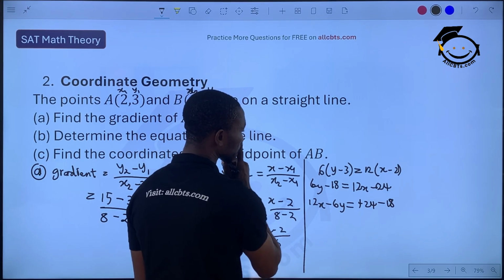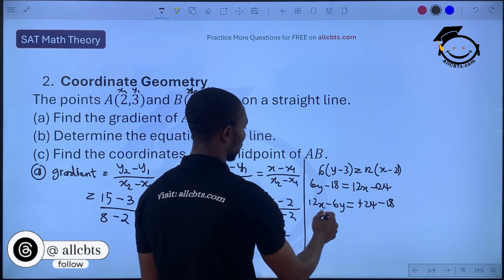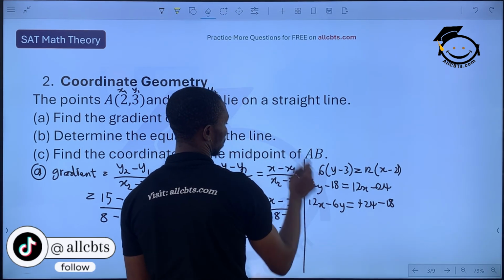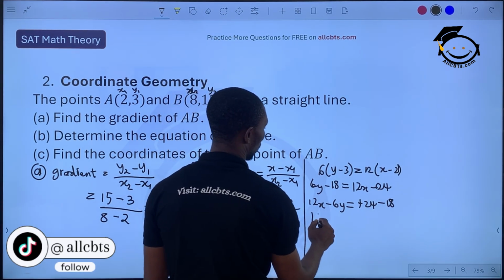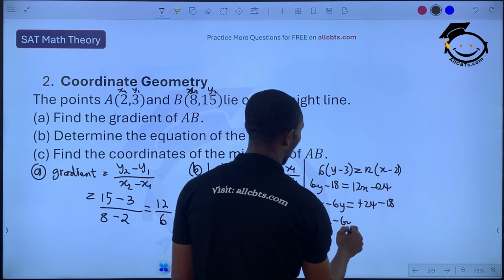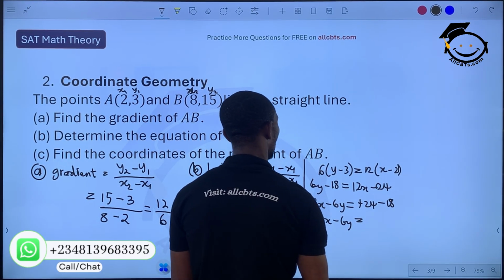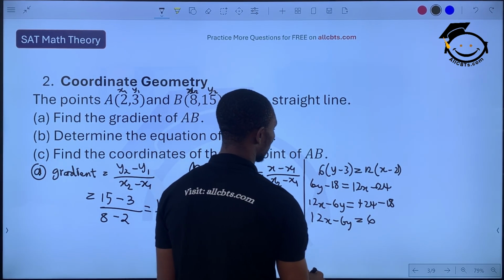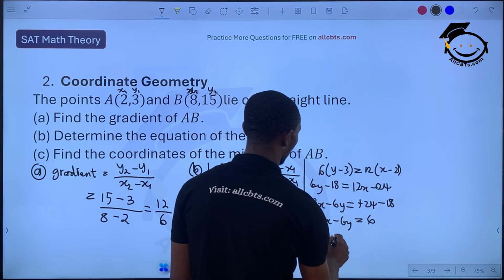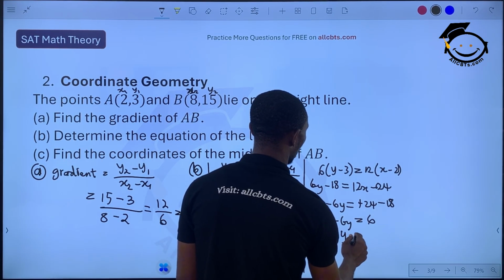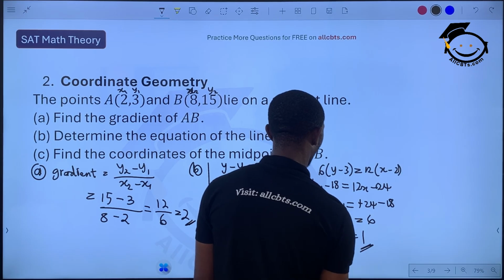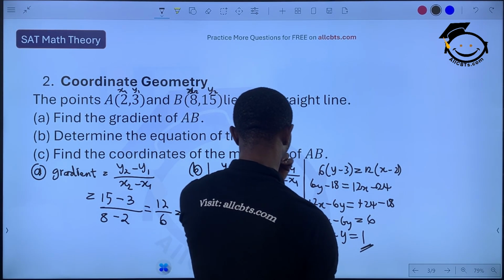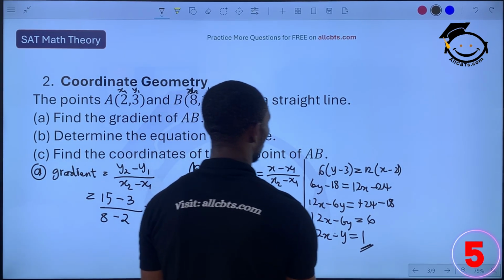So we have 12x minus 6y equals 24 minus 18, which will give us 6. So we can divide through by 6 to have 2x minus y equals 1. So our equation of the line will become 2x minus y equals 1.